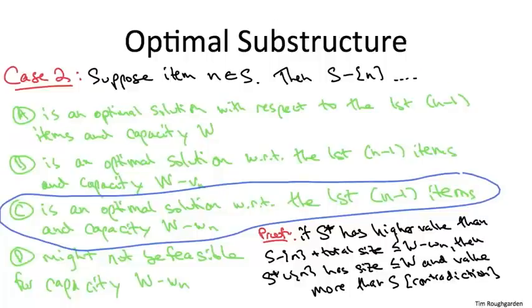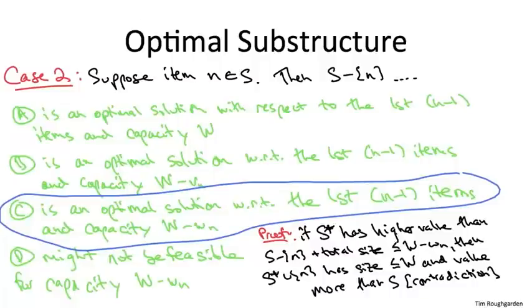So what can we do to get a contradiction? Well, let's just take S star, which involves only the first n-1 items. Let's add item n to it. Since S star has total size at most capital W minus little w sub n, and item n has size w sub n, the result has total size at most capital W. So it's a feasible solution to take S star and extend it by item number n.